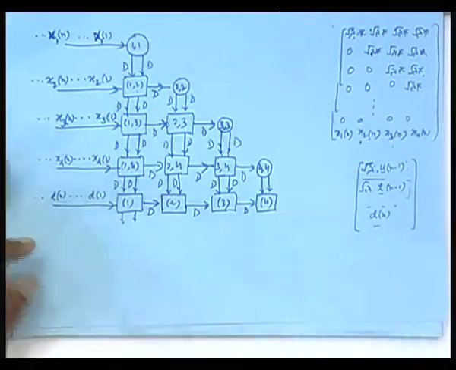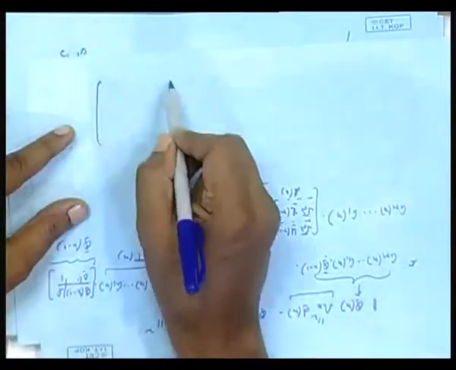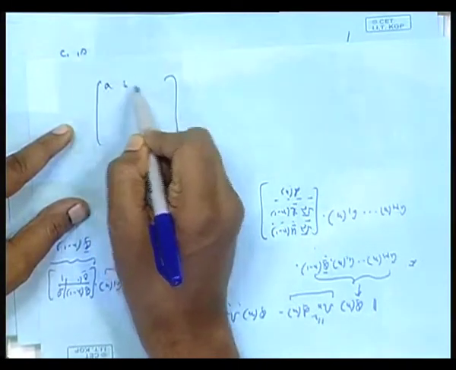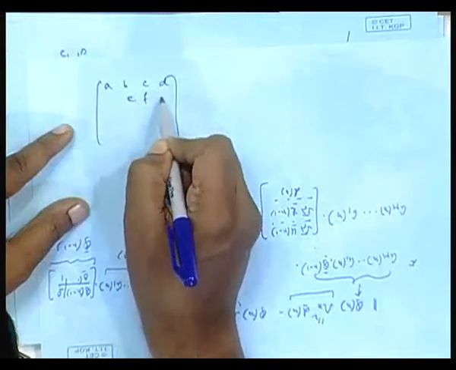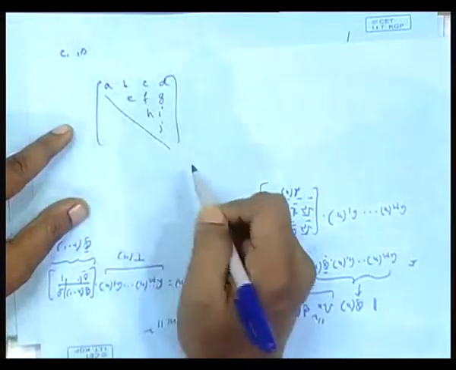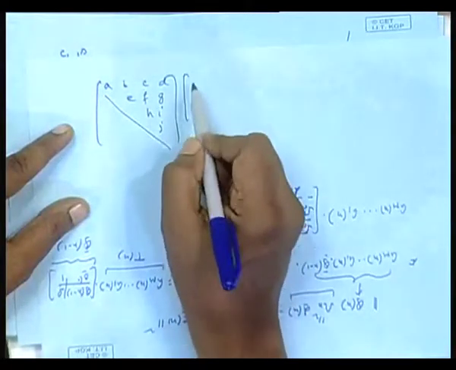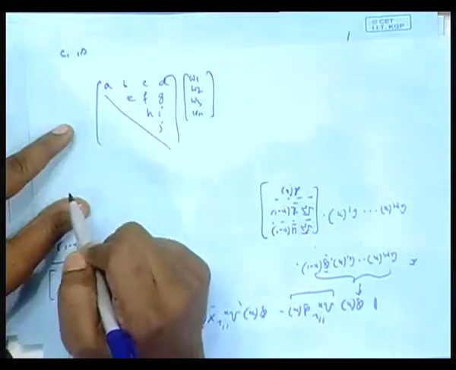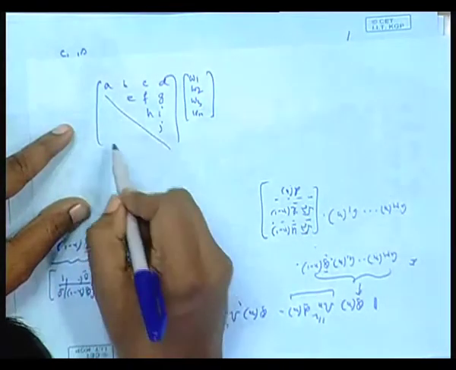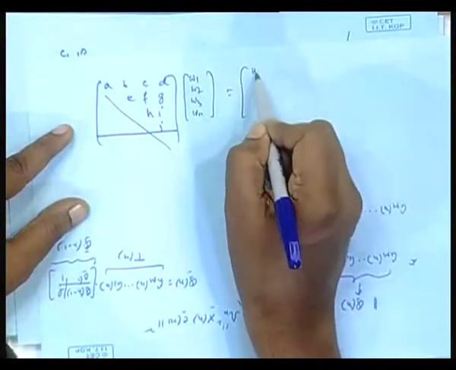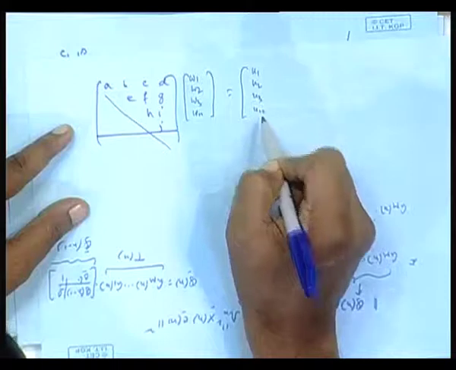I will just mention from the book. What is back substitution? That is, you have got a triangular section. Say A, B, C, D, E, F, G, H, I, J, and then zeros. And say W1, W2, W3, W4. Zeros I do not care, this part equals say your upper matrix U1, U2, U3, U4.